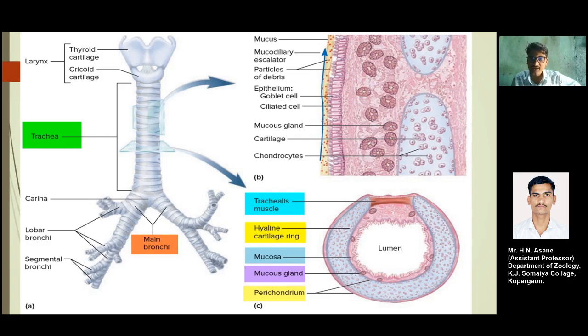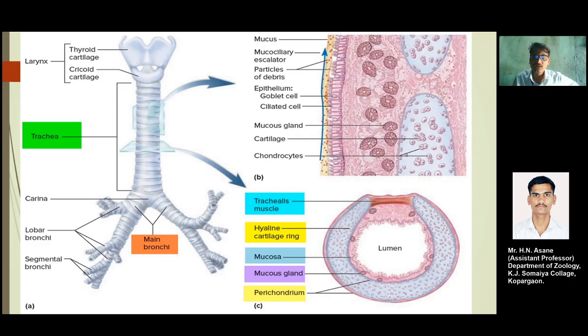The milky white region in this cross section is composed of hyaline cartilages, highlighted in yellow. These hyaline cartilage rings are C shaped, so it is not complete because of the trachealis muscles.